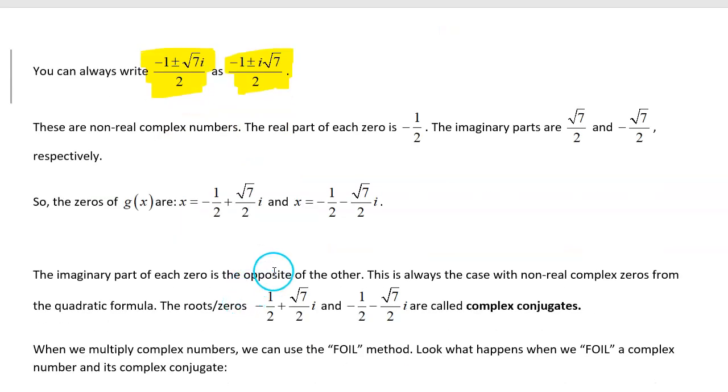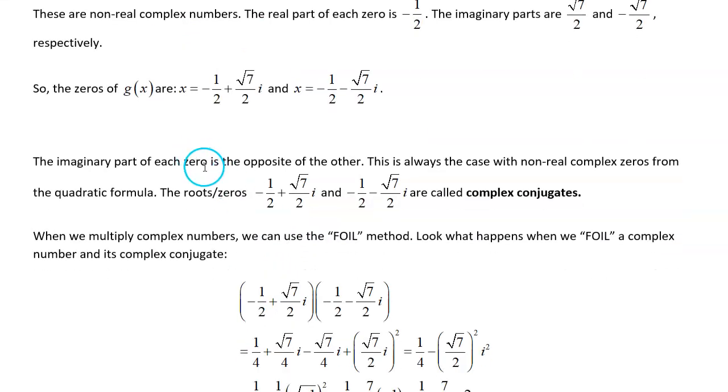They're talking you through what this means here. You have two zeros of g of x: the zero with the plus sign, and the zero with the minus sign. Remember, when you do the quadratic formula, you're doing plus and minus, so you're actually getting two solutions.